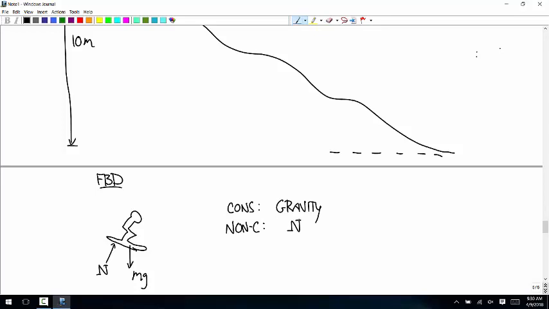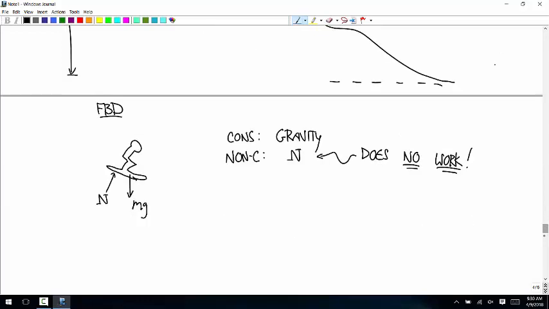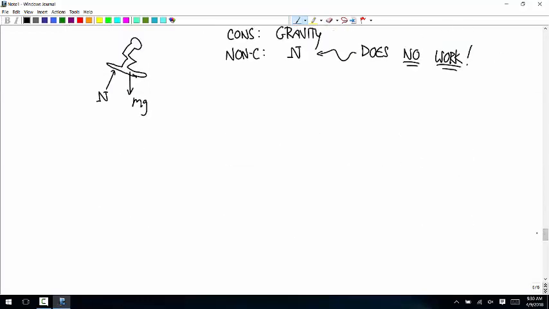So are we screwed? Well, normal doesn't work, right? Exactly. So it doesn't matter. Okay, so that means we can use conservation of mechanical energy.